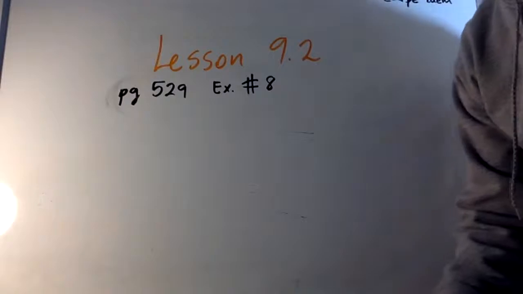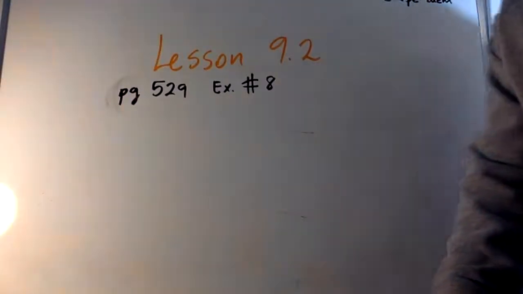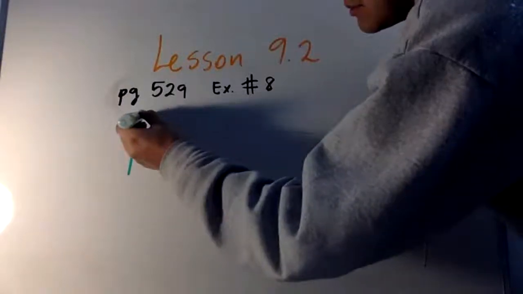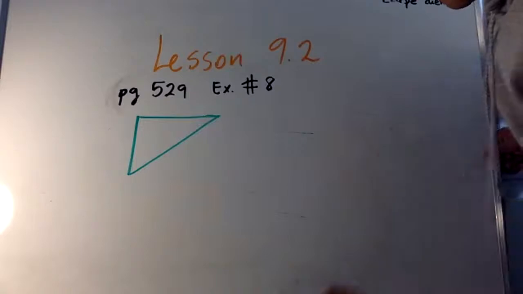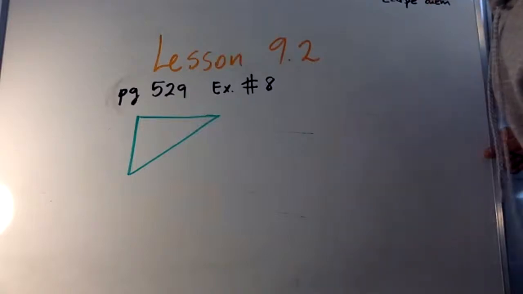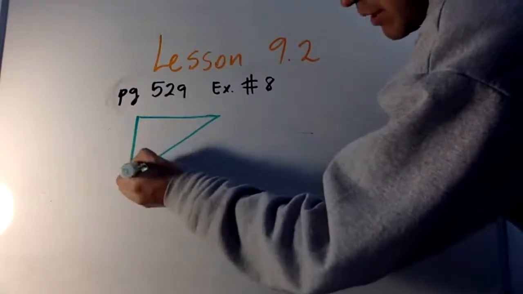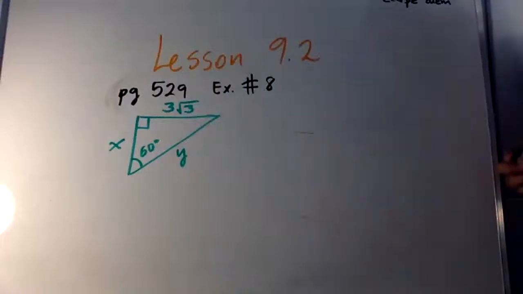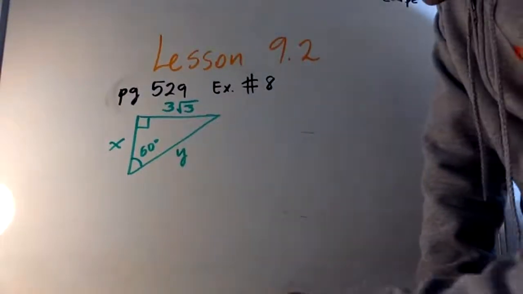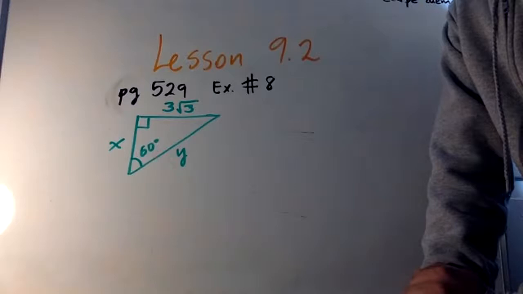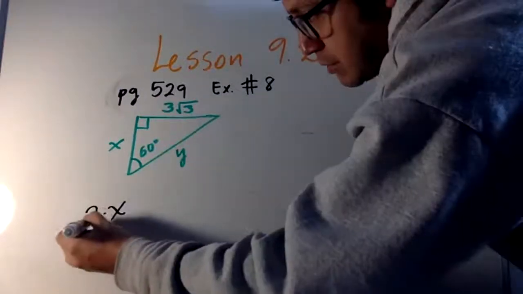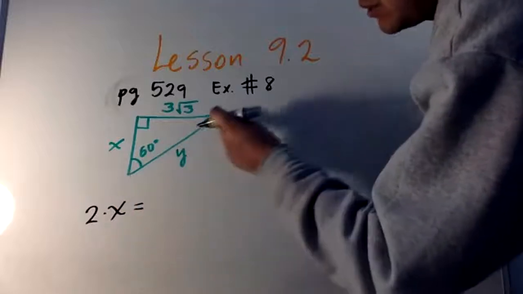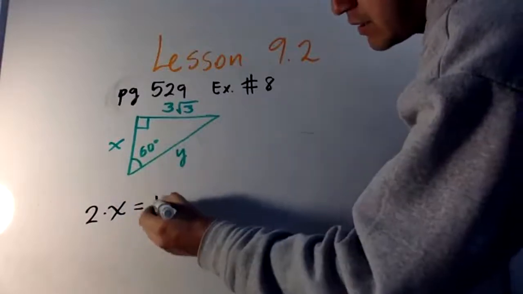And here we go. Now we are given this special right triangle. Since we recognize this as a special right triangle, a 30-60-90, the short leg multiplied by 2 is equal to the length of the hypotenuse.